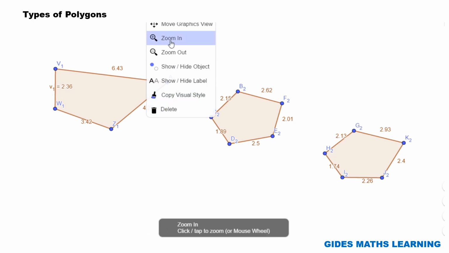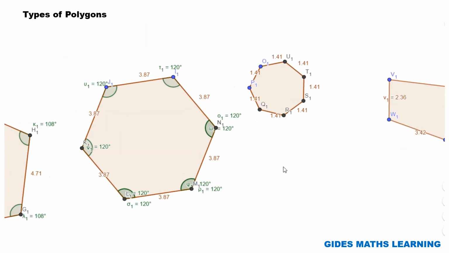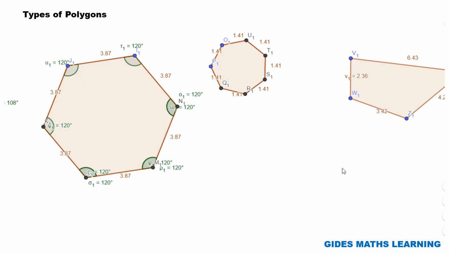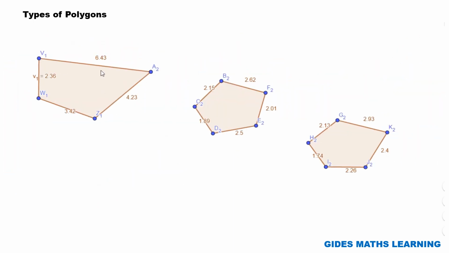Now for the regular polygons, we realized that the sides are the same in length, and the interior angles are also the same in size. For irregular polygons, we've seen that the sides are not the same in length. Let's also check the interior angles.